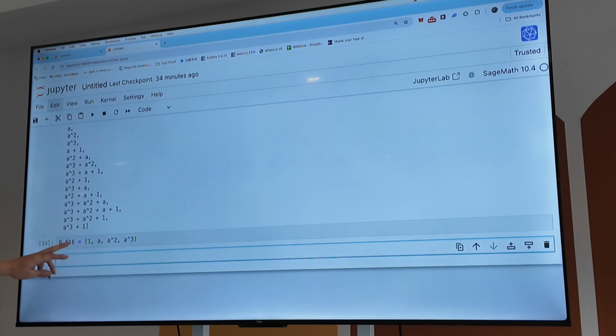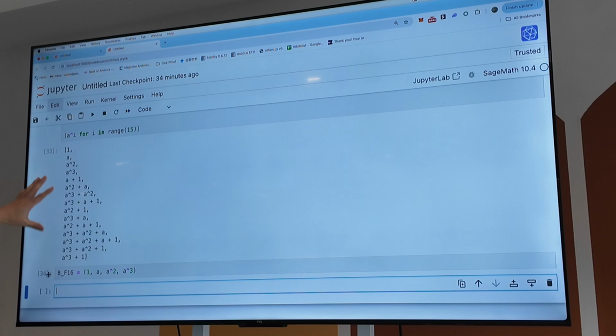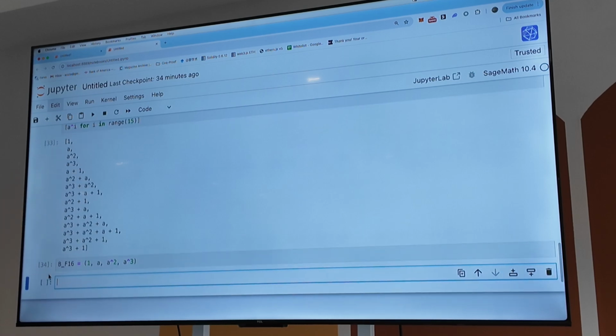Here we can define this basis to represent all the elements inside.